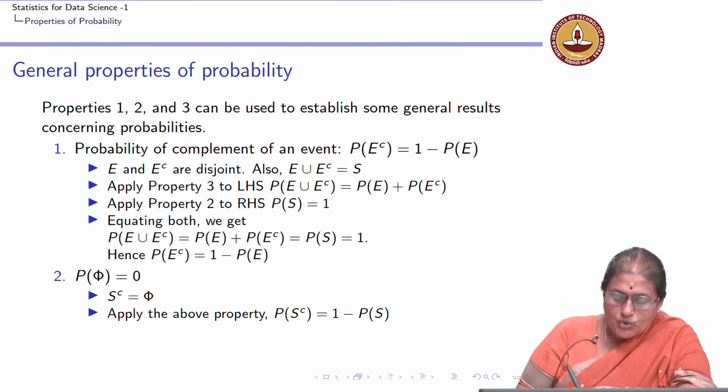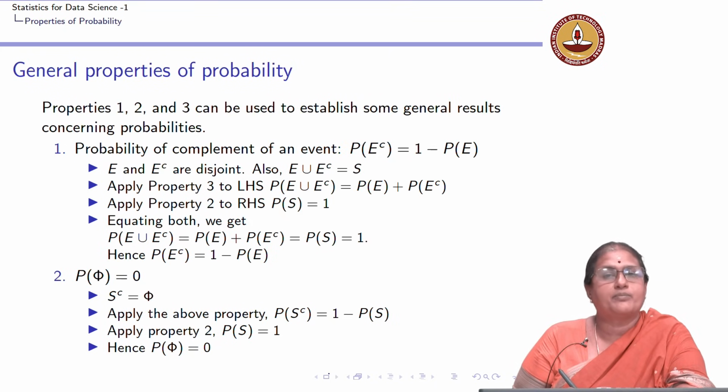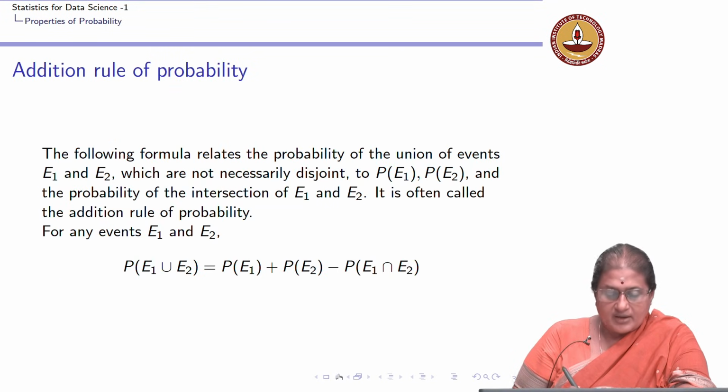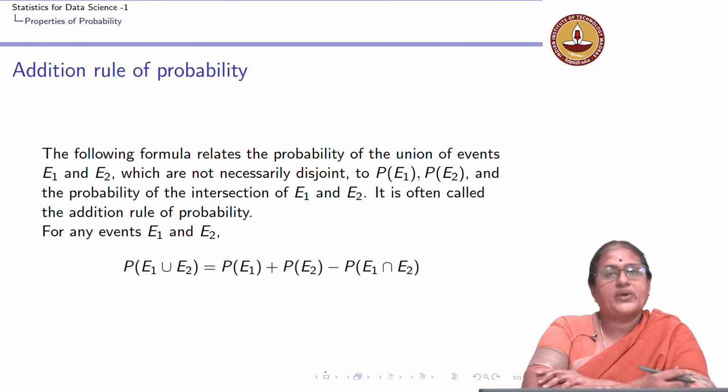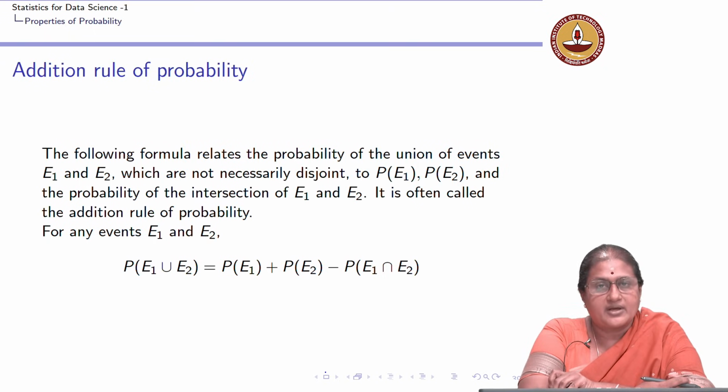So, these two properties have been derived from the axioms or the 3 prime properties which we stated earlier. Now, the next thing is what we refer to as an addition rule in probability.